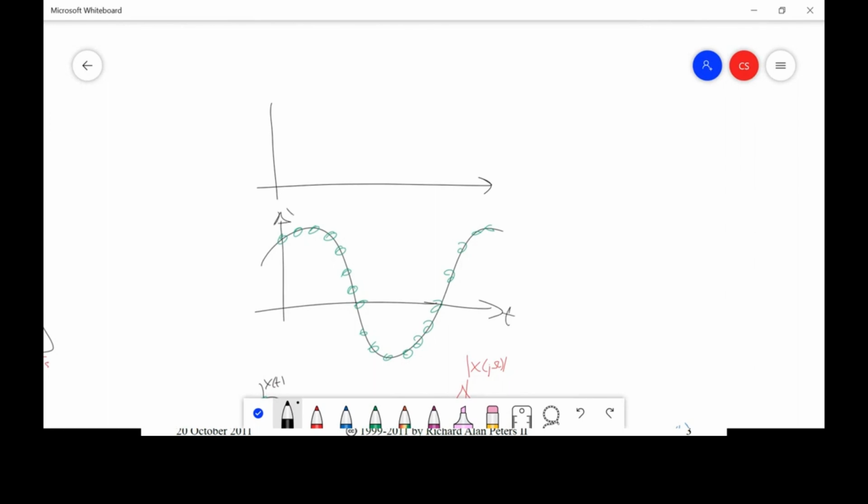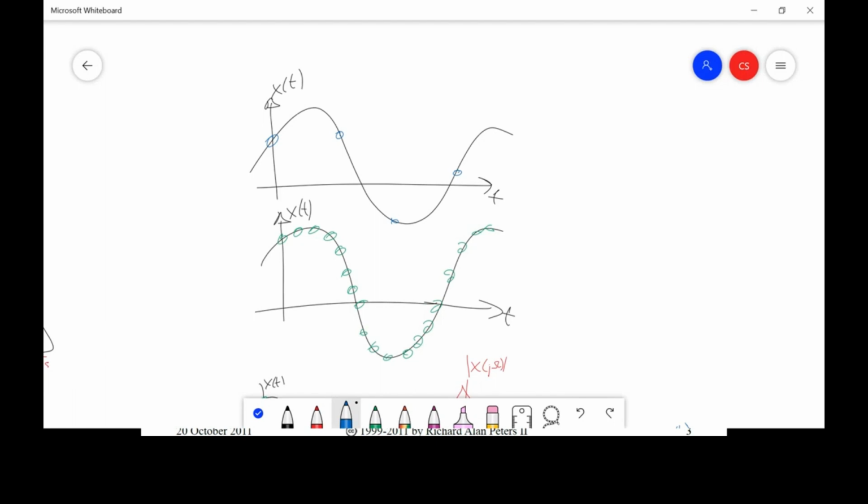This is T, this is T, and we have the same signal, but now I have many fewer samples. I have 1, 2, 3, 4. It doesn't look like a sine, but I can recover the sinusoid exactly, and that is given by Nyquist.